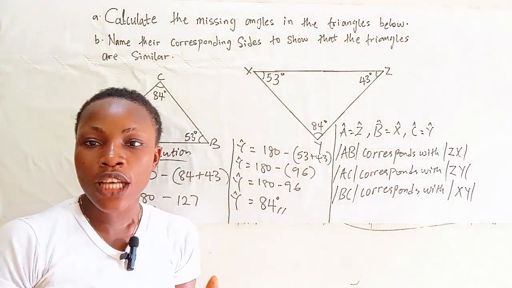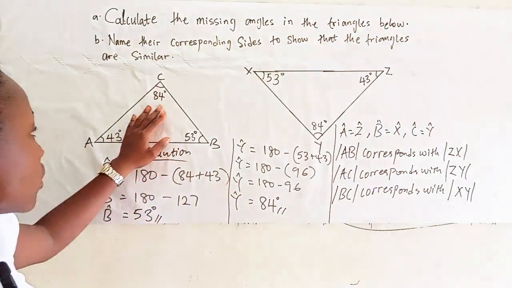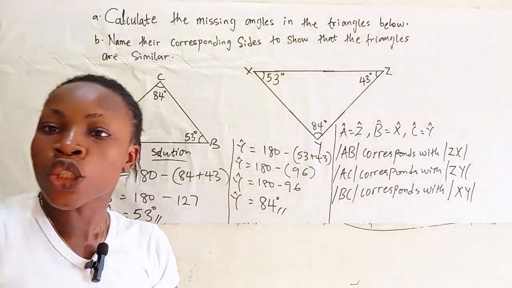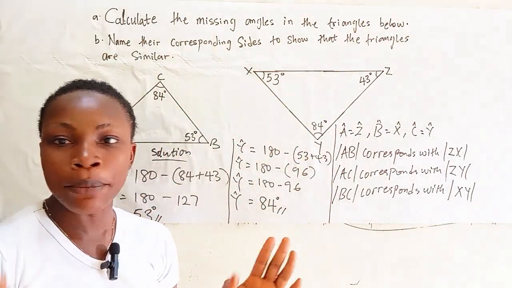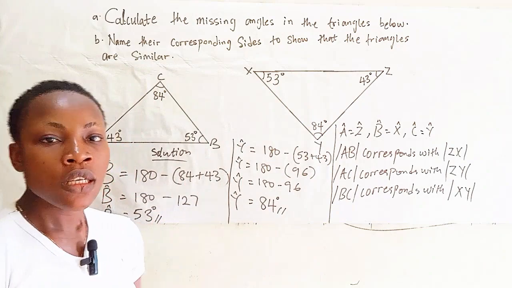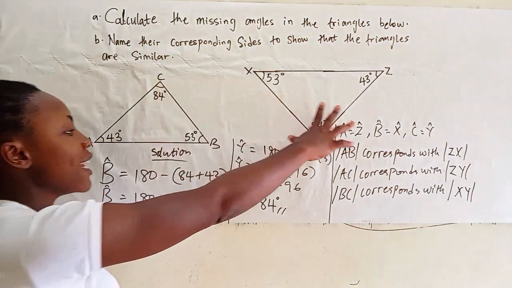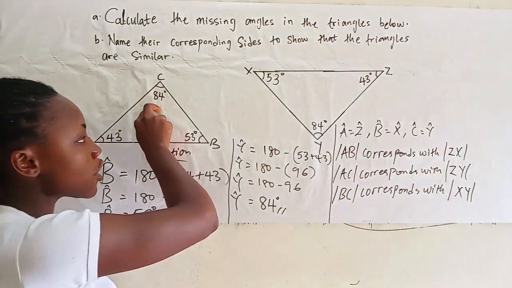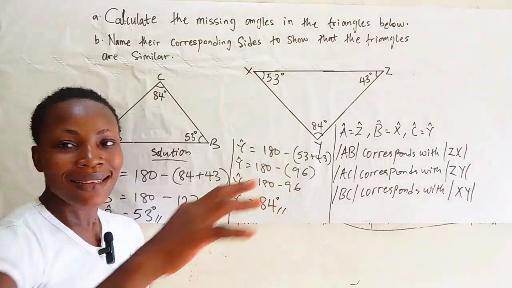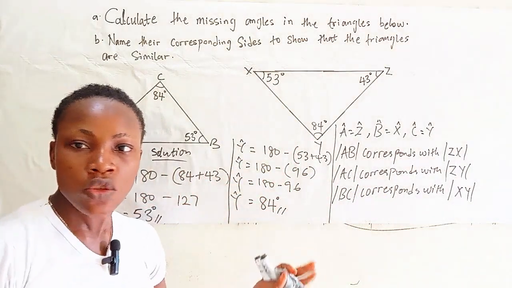Since the angles are equal, both angles here and here are equal, it shows that these two are similar. Alright? So we have named them to show that this one and this one are similar. So this is just how to solve it.